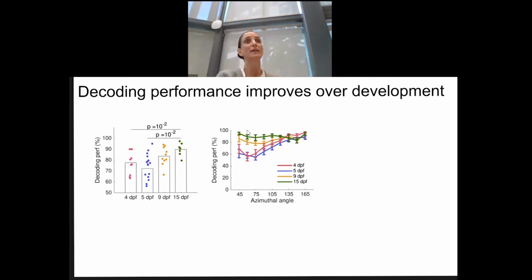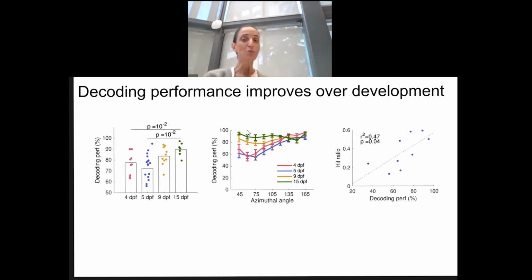Like, let's say I'm looking at a brain, I know what the decoding performance is, can I say this is a good hunter or a bad hunter? And the answer was yes, we can do that. And so what we did here is we looked at fish at 5 days post-fertilization, when they are 5 days old, and we saw that there's a huge variance between fish.